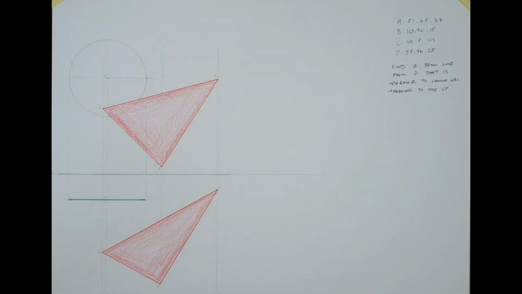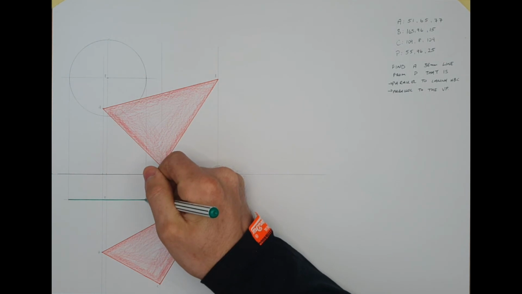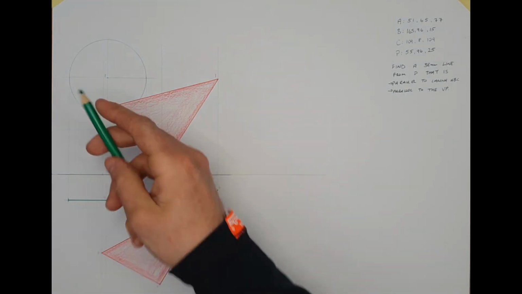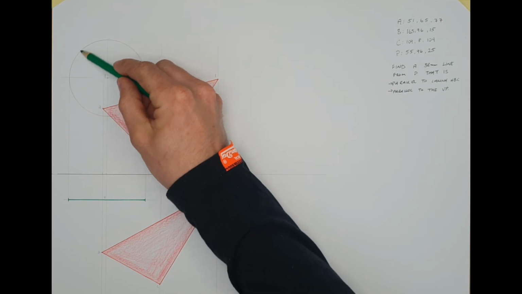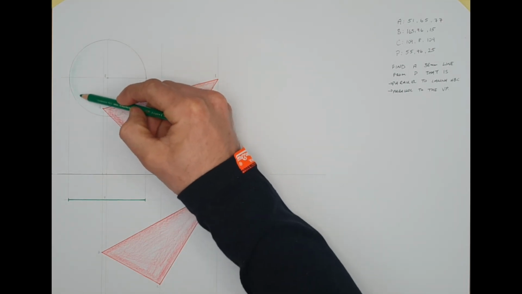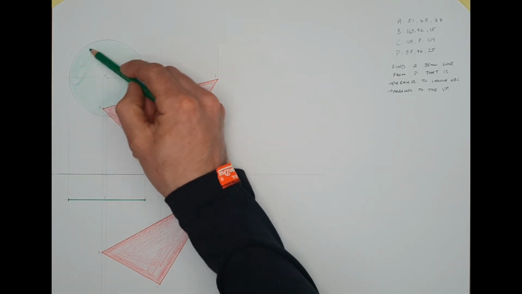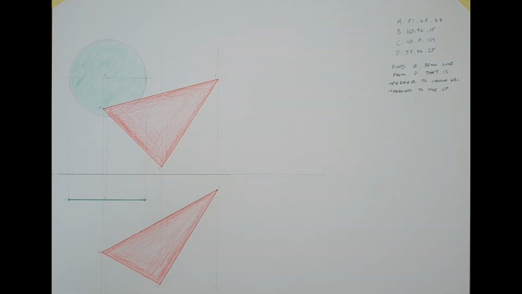There is the disc as it appears in plan, from extreme right to extreme left. I'm going to add a little bit of shade to that. And there we go, that disc right there represents two parts of my question solved.